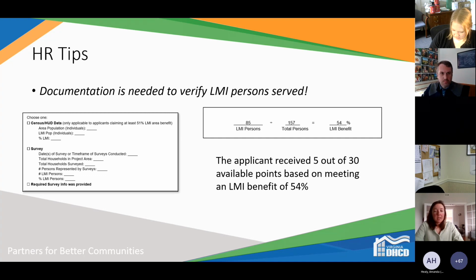But if you're doing smaller project areas and you're surveying individual households, we do need the copies of the income survey that you used to verify LMI status, and then the number of LMI units that are going to be receiving service in the project area.